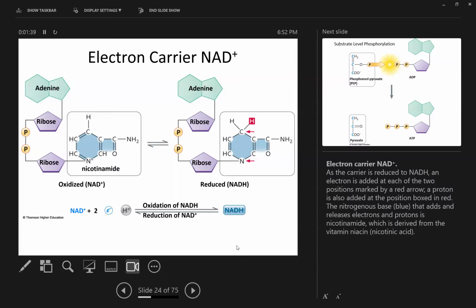No. I might refer to lactic acid fermentation or alcoholic fermentation, but other than that, you just have to know that it's to regenerate it back into its oxidized state. Okay.